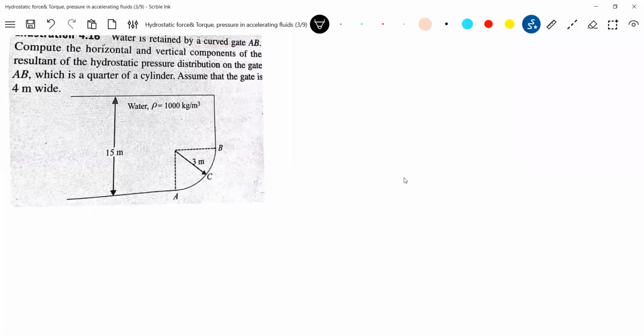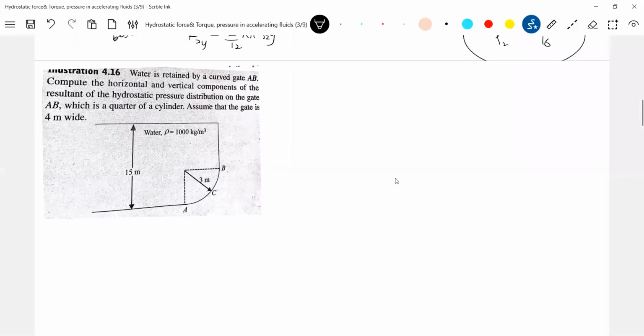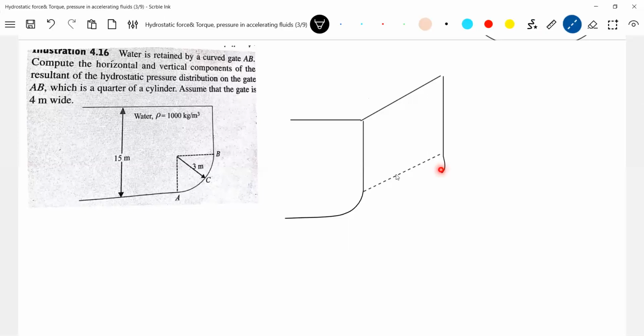I will make the diagram first. This will be that cylinder. What is it saying? Quarter cylinder.